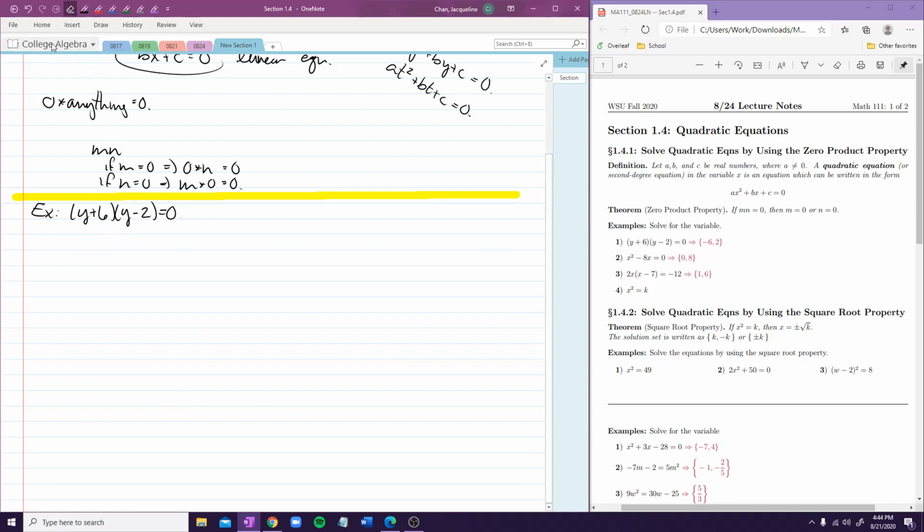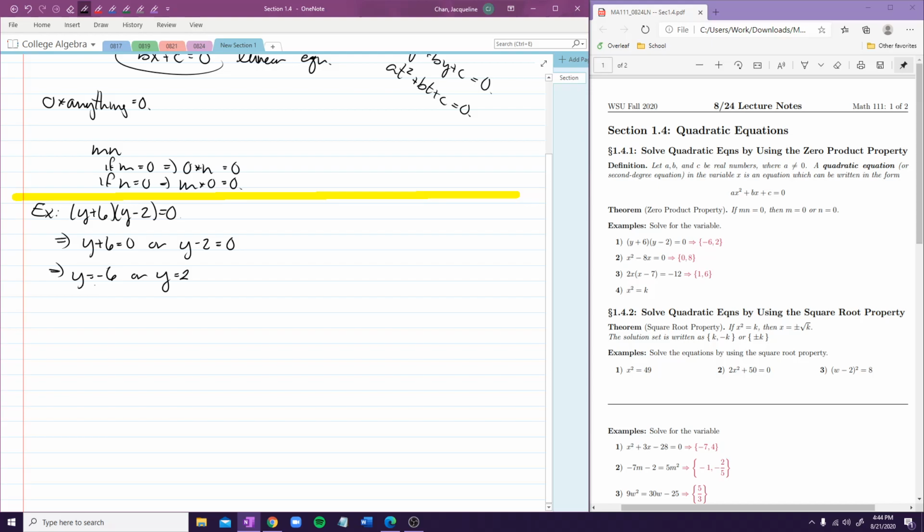So we're going to use the zero product property, because this is multiplied. I'm going to say y plus 6 equals 0 or y minus 2 equals 0. So we get y equals negative 6 or y equals 2.